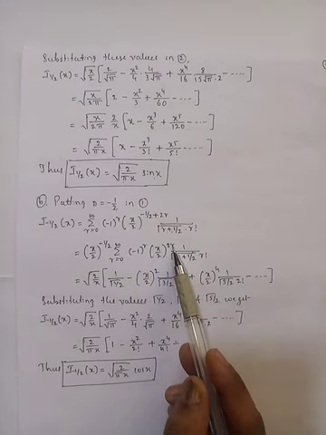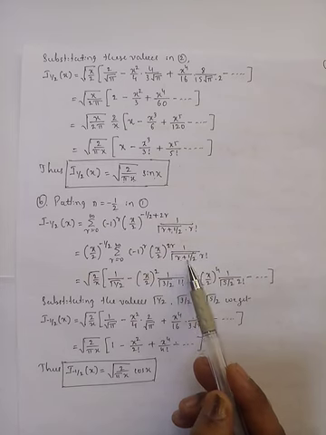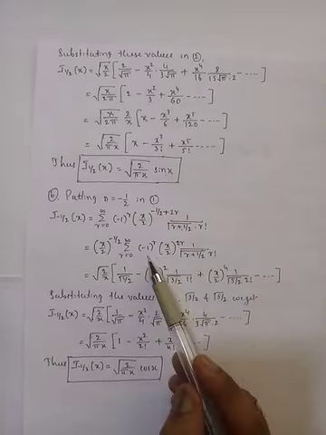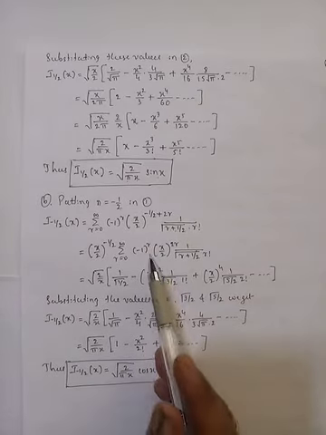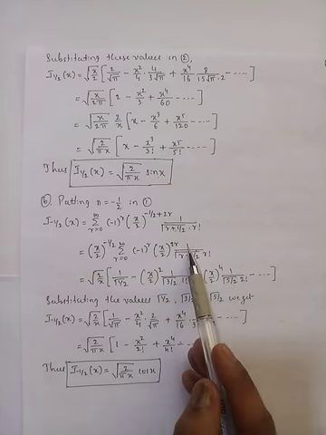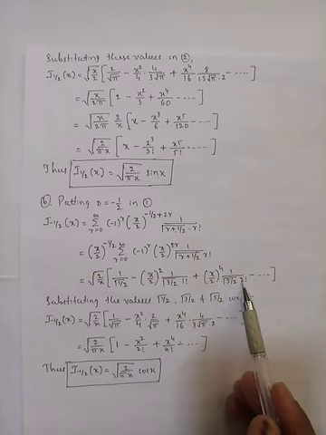Then x by 2 raised to 2 into 1, that is 2. 1 divided by gamma of 1 plus 1 by 2 is 3 by 2, into 1 factorial. When r equal to 2, minus 1 raised to 2 is plus. Then x by 2 raised to 2 into 2, 4. 1 divided by gamma of 2 plus 1 by 2 is 5 by 2, into 2 factorial.